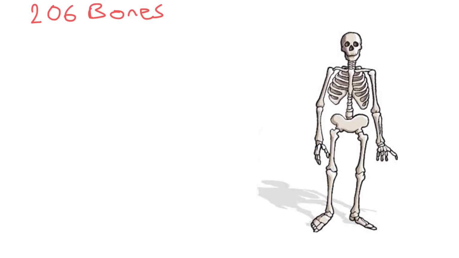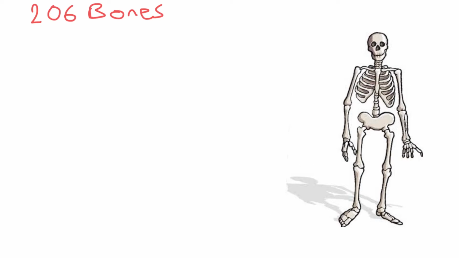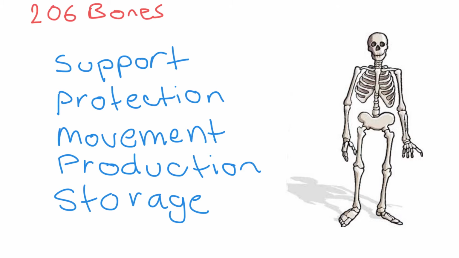The arrangement of these bones enables 5 main functions, including support for the body, giving it shape, form and posture, protection of vital organs and soft tissues, movement of the body by providing the attachment for muscles and being able to serve as levers, production of blood cells in the marrow cavities, and storage for essential minerals such as calcium and phosphorus.